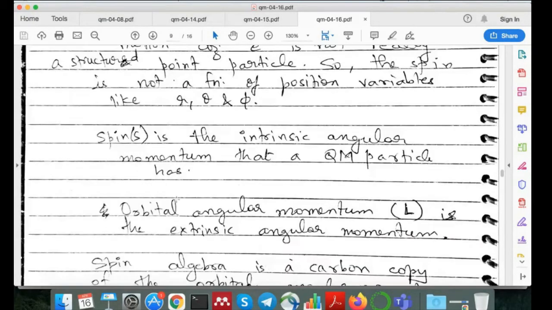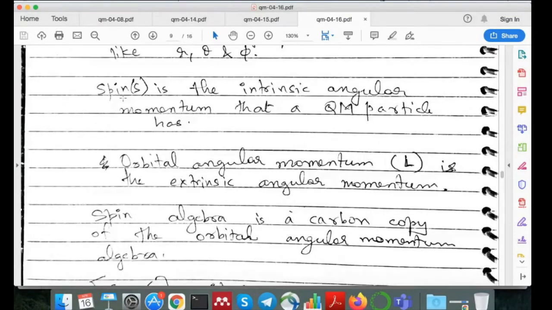And orbital angular momentum is the extrinsic angular momentum of the quantum particle. Now you know what spin is, but we cannot really define its structure, or how it is going to move.